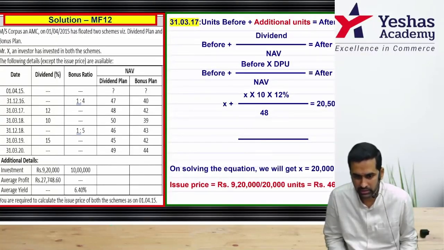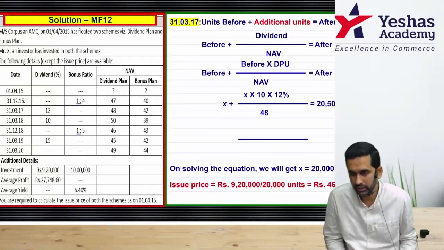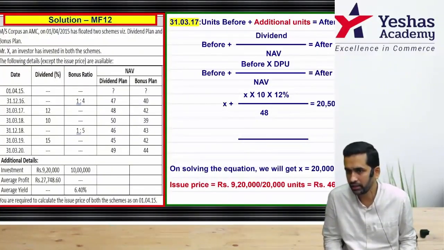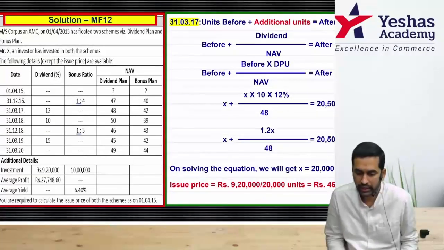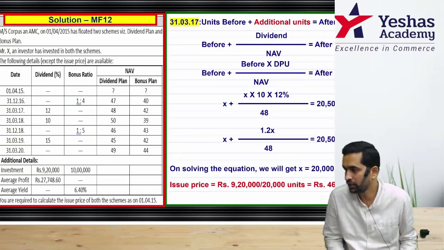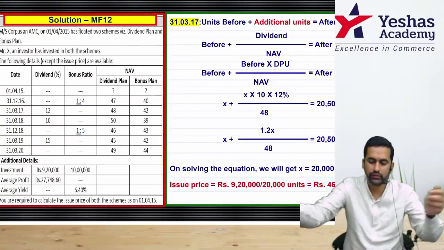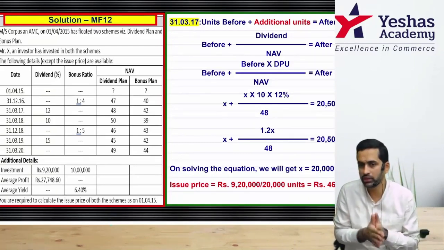So it is x plus x into 10 into 12% by that day's prevailing NAV, 48 rupee. So units will be allotted on that day's rate basis. And this is x plus 1.2x by 48 is equal to 20500. If you solve, you get 20,000 units. That means this is what you started with.